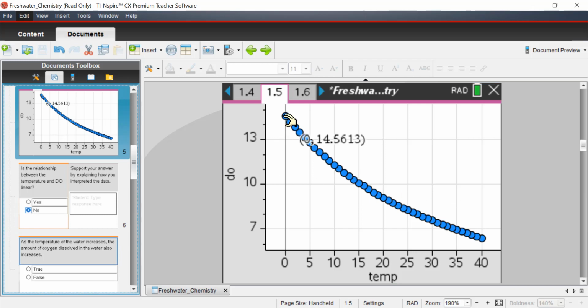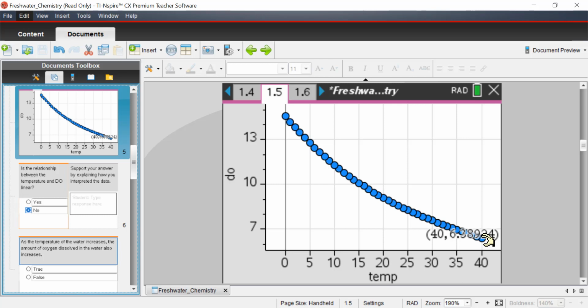So when we look at the data, we have a lot of data points. They're going from 0 degrees C to 40 degrees C, so a 40-degree temperature change. And over that 40-degree temperature change, we saw the dissolved oxygen go from 14.5 parts per million down to 6.4 parts per million.